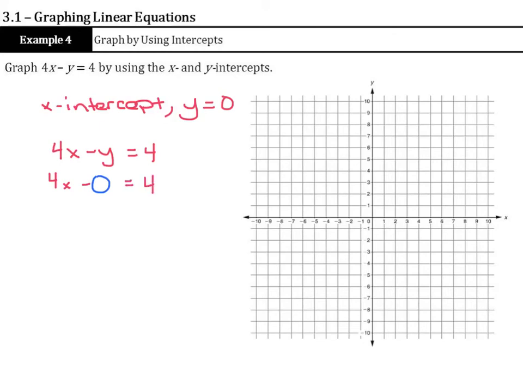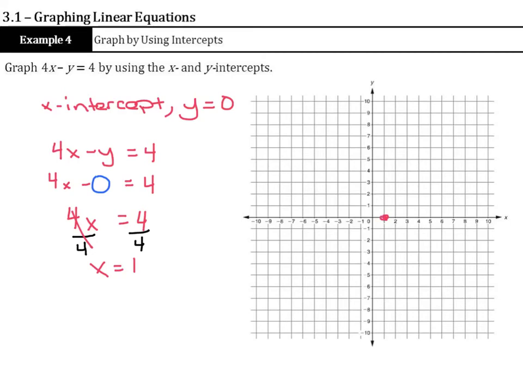Now we want to solve for x. Well, this just simplifies to 4x equals 4. Divide by 4 on both sides, and x equals 1. So what this means is the x-intercept is 1.